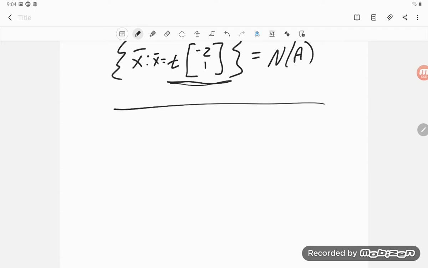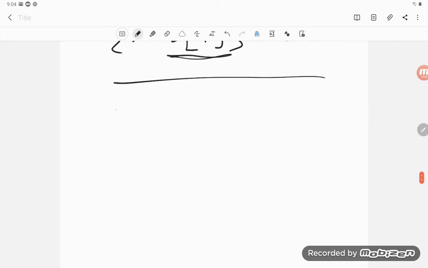So now the column space of A. I'm looking to see, do they give a notation for that?